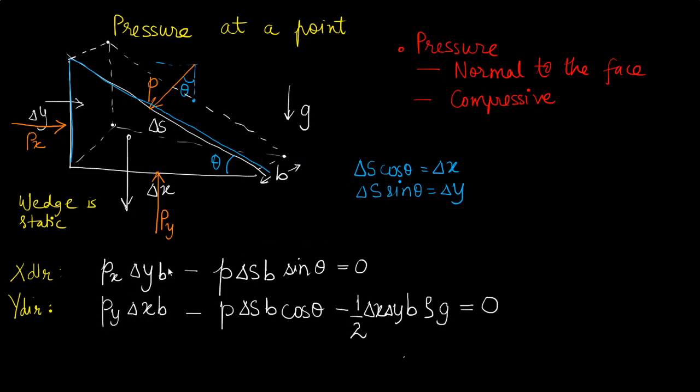So we can first of all cancel b from these two terms. We can cancel delta y with delta s sin theta, because that relationship follows from trigonometry, and this relationship yields us Px minus P is equal to 0. Now what about this particular relationship, the y direction force balance? We can first of all cancel the unit width or the width from all terms, and let us divide everything by delta x.